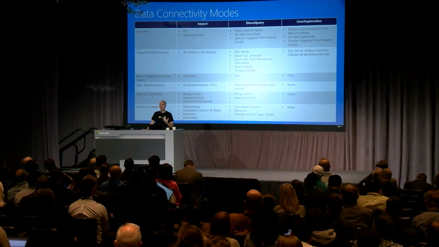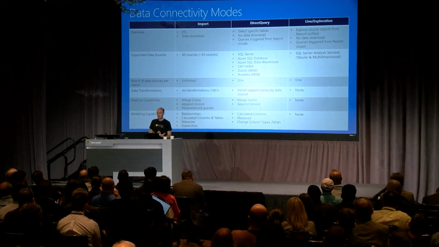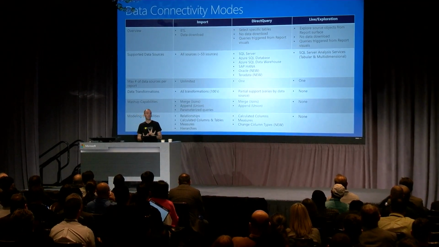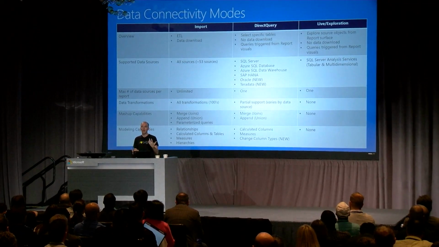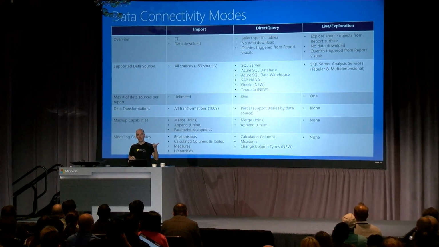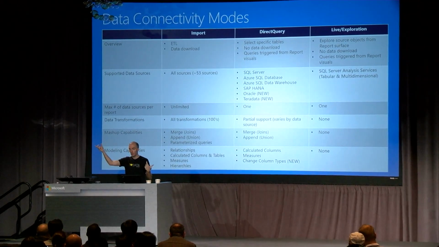The last mode is live and exploration mode, which is something that you'll want to use against Analysis Services, and we support both Analysis Services tabular and multidimensional models. It will basically allow you to create reports working against a remote data model, in this case a remote cube.